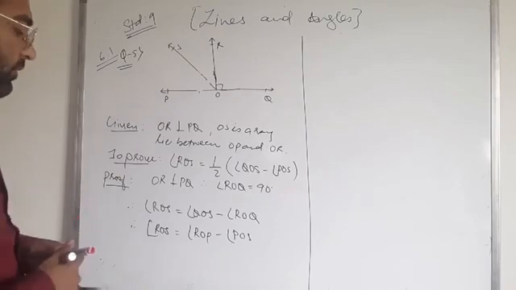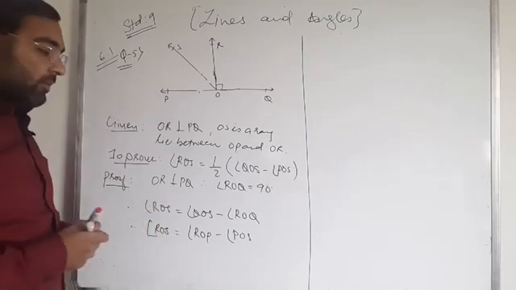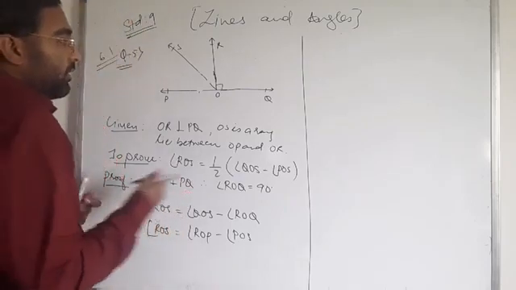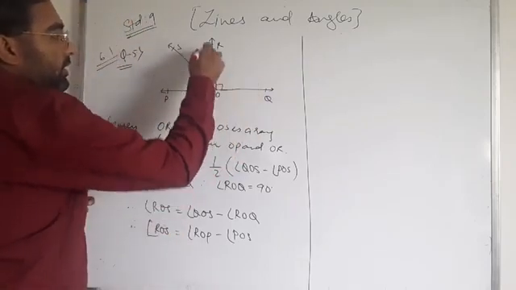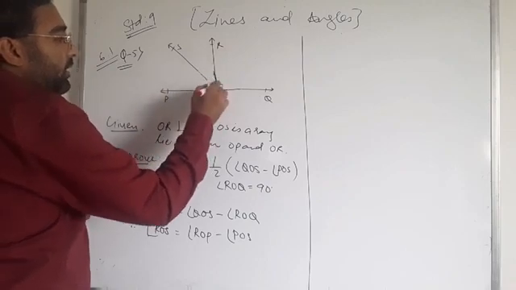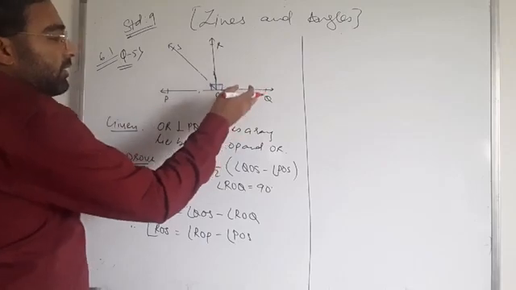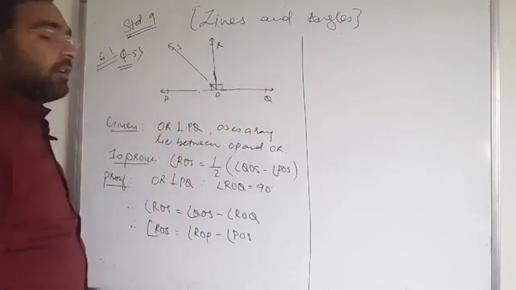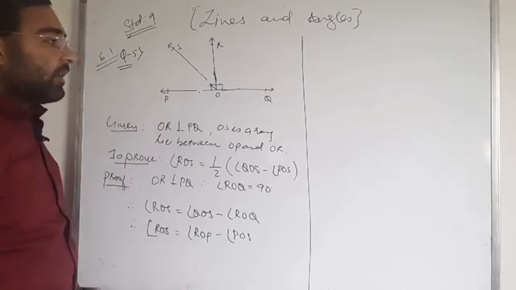Okay, so now we have to calculate these two statements. First of all, if my ROQ is 90 degrees, then my ROP is also 90 degrees, since a right angle forms on the left hand side as well.